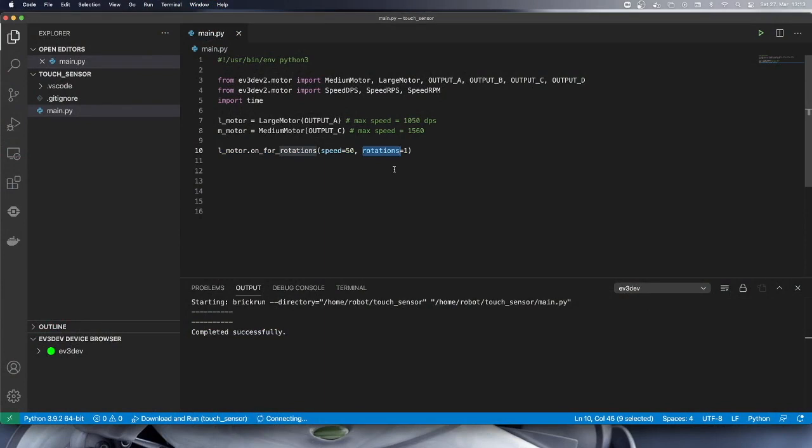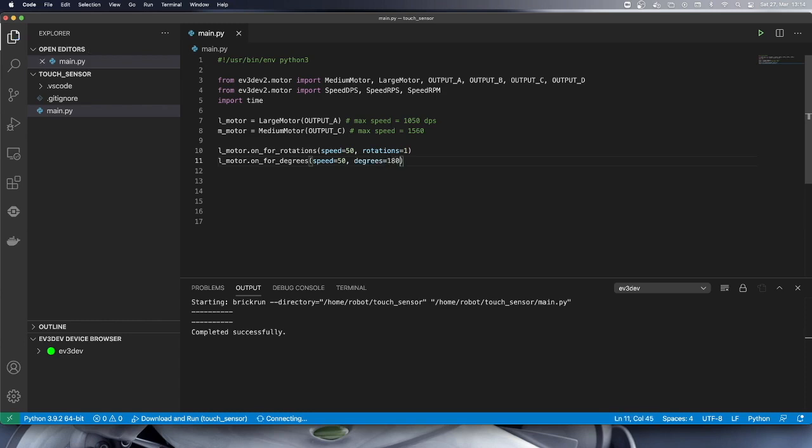If you're paying attention, you realize that the on for degrees and on for rotations have a relationship. So this is what we had for on for degrees, and over here you specify speed and you specify degrees.